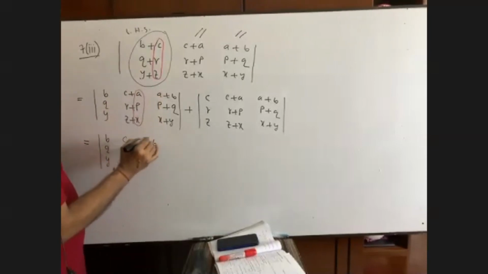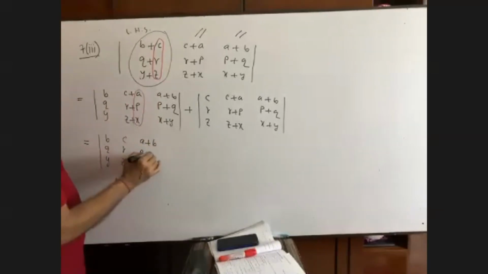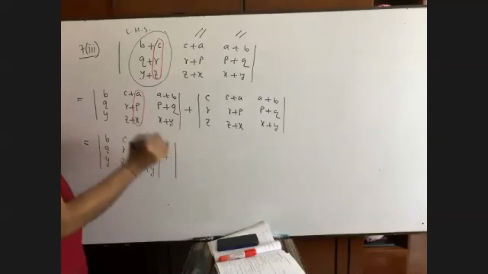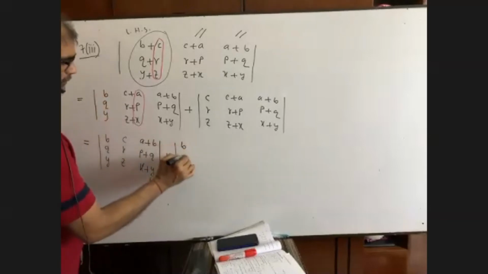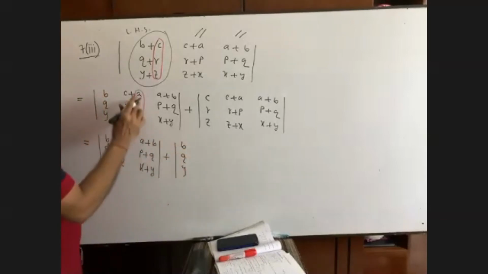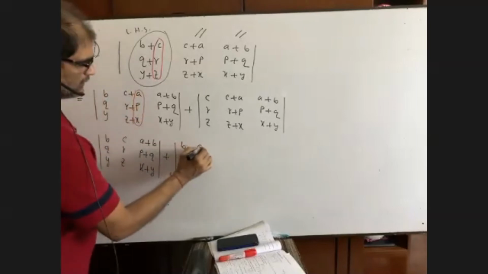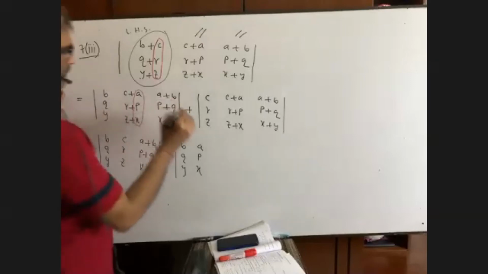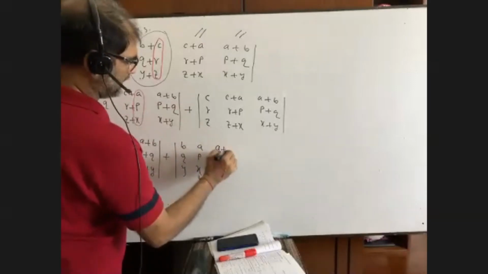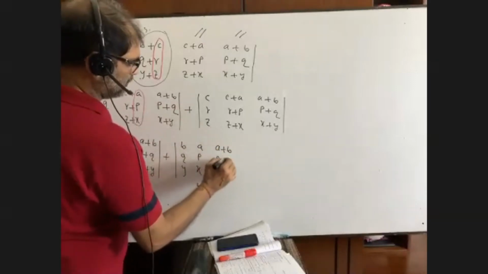A plus B, P plus Q, X plus Y. Plus, what should I write? BQY, APX, then it is A plus B, P plus Q.